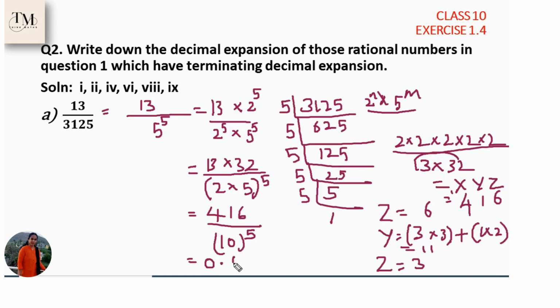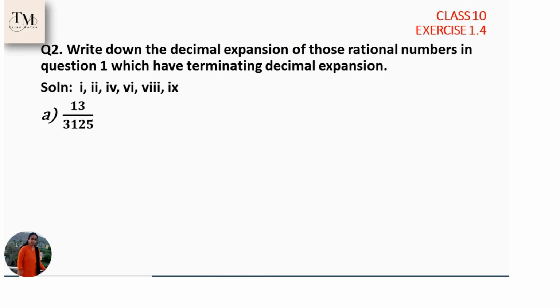So 0.00416, because in the denominator there will be 5 zeros. So the answer is 0.00416. Then let us go to the next problem.